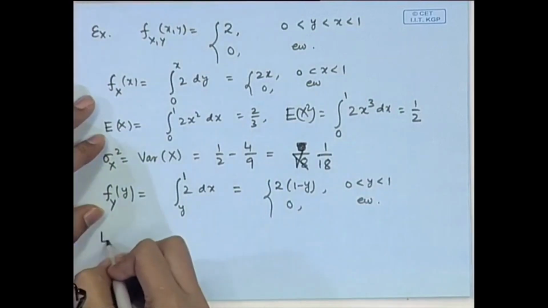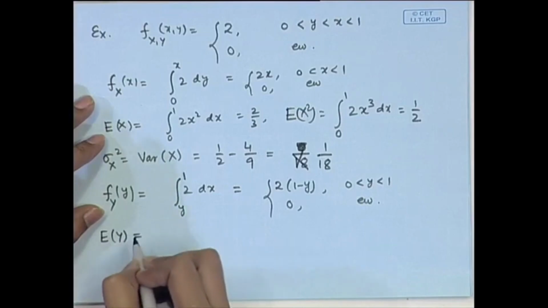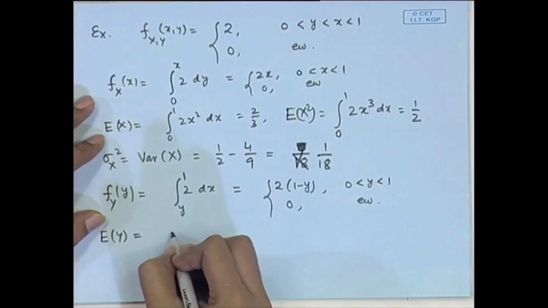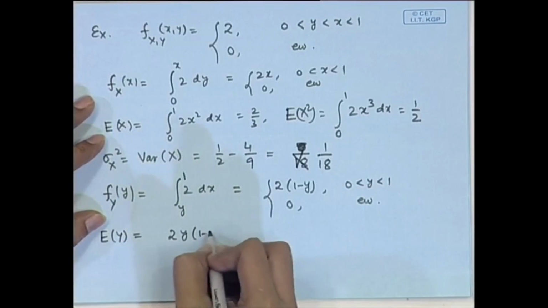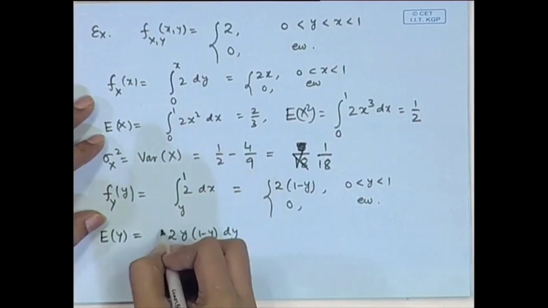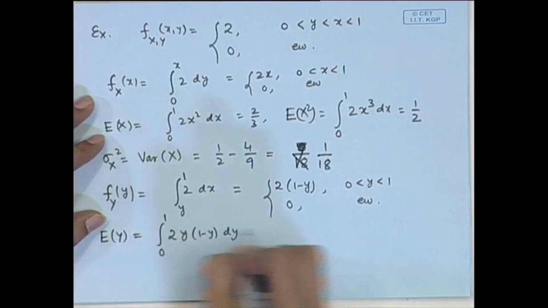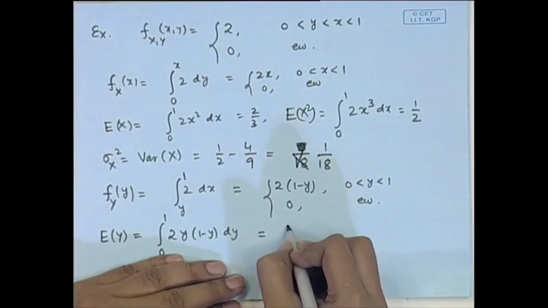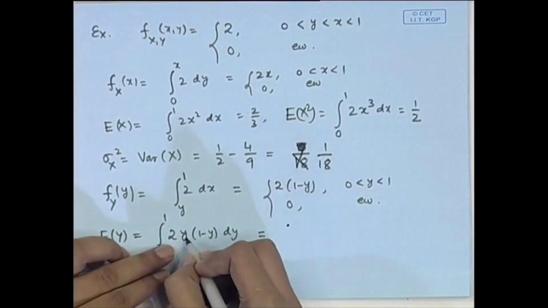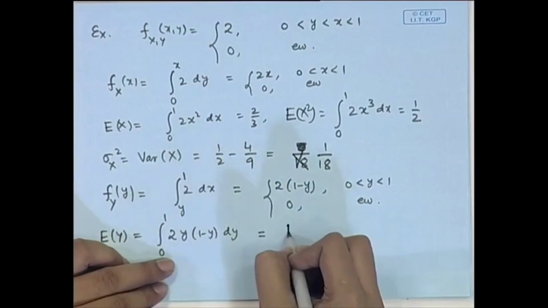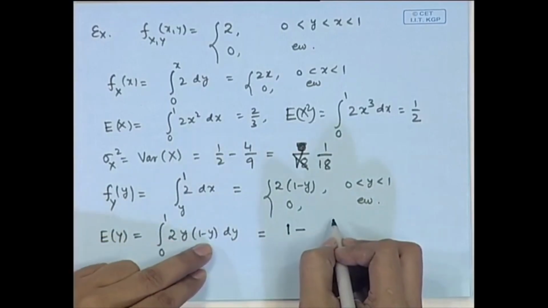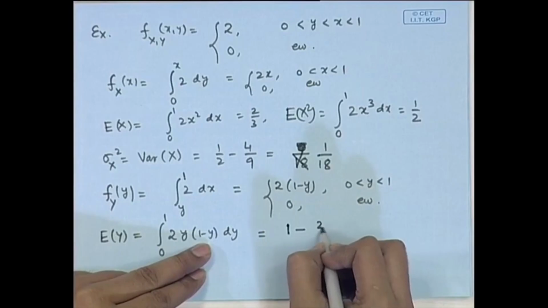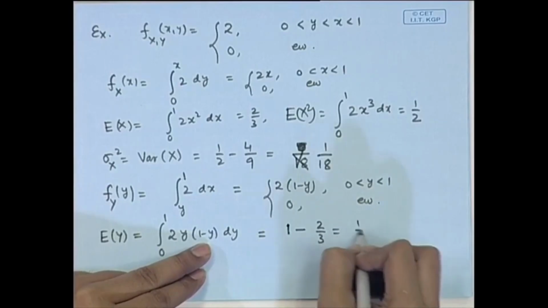So, expectation of y is equal to the integral of 2 y into 1 minus y dy from 0 to 1, that is equal to 2 times y square by 2 minus y cube by 3, that is 1 minus 2 by 3, that is equal to 1 by 3.